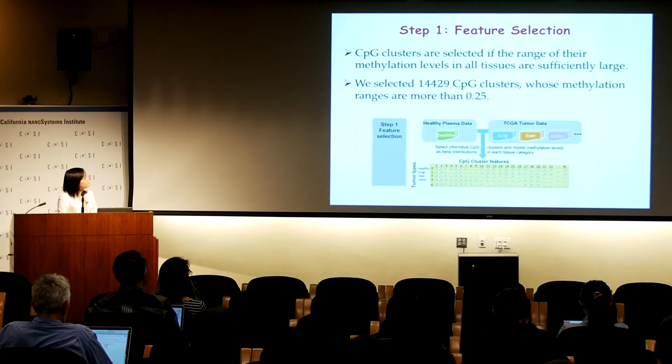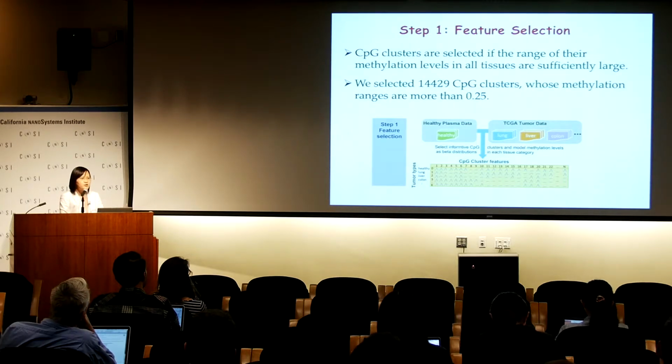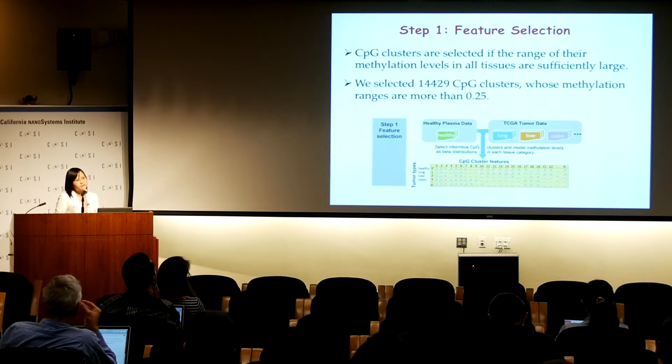So for the feature selection step, we select those CpG clusters if the range of their methylation levels in all tissues is sufficiently large, so they are sufficiently variable. And usually, we define the methylation level with a beta value. The beta value is basically the number of cells that are methylated at this CpG site divided by the total number of cells.